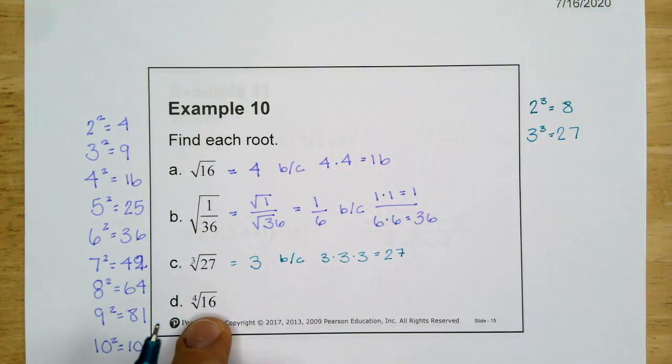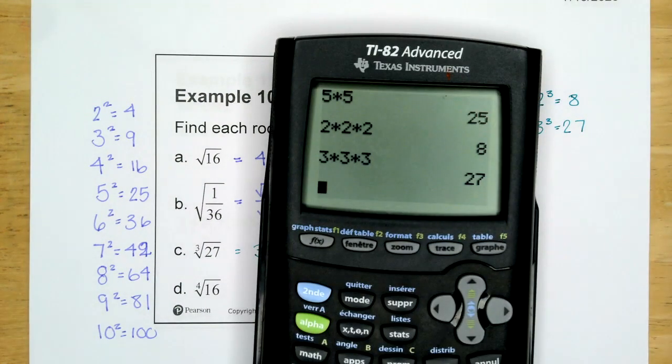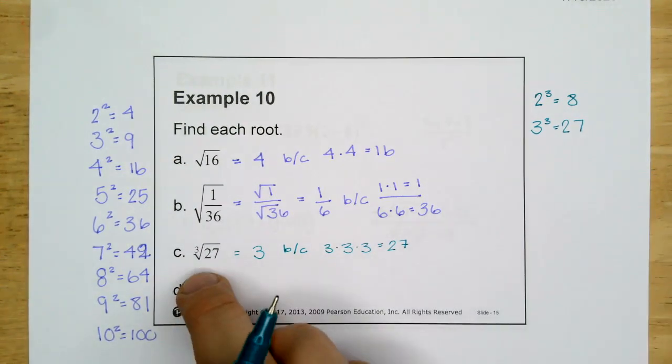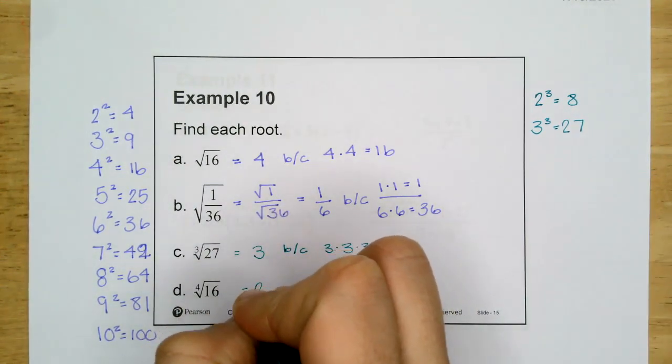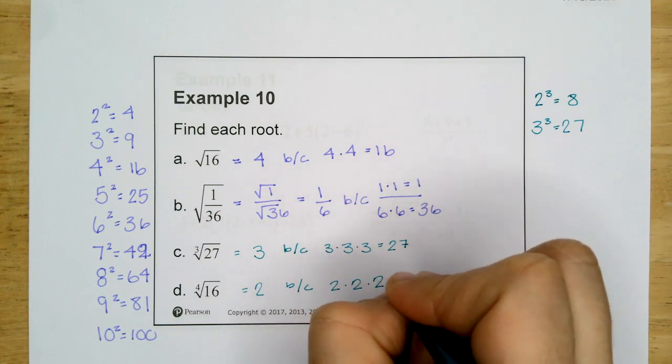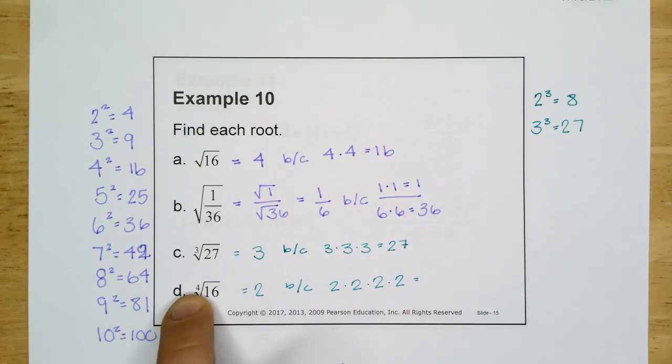Good. 4th root, don't worry, you will not see this, but 2 to the 4th is 16. So the 4th root of 16 is 2, because 2 times 2 times 2 times 2, that's how many times you need to do it.